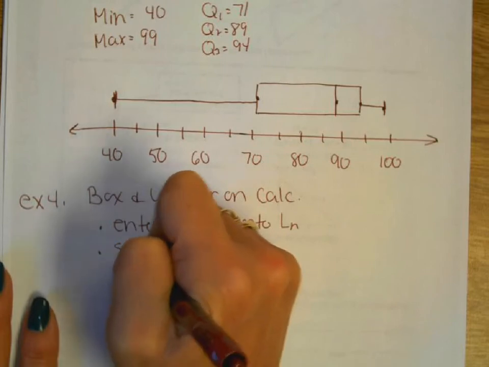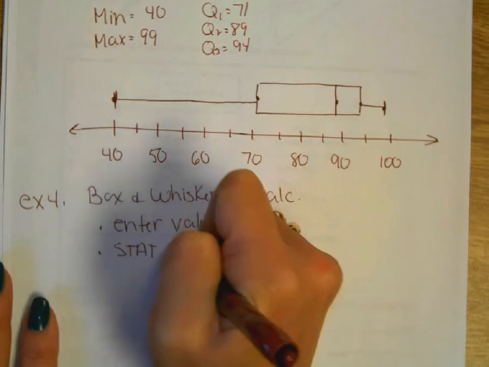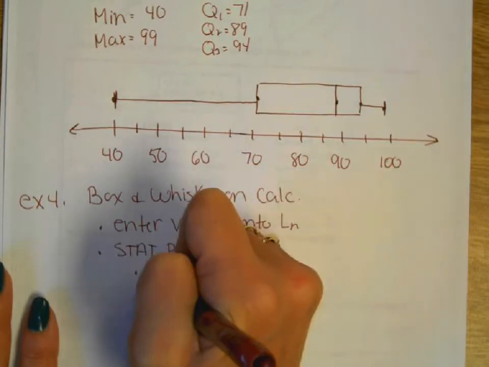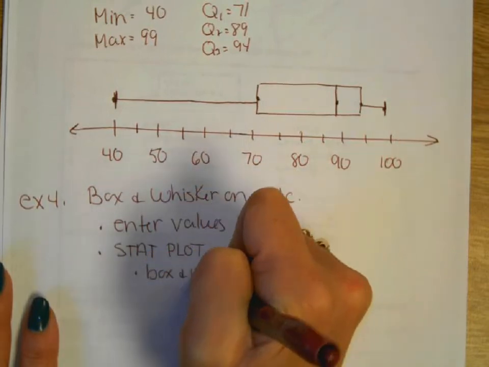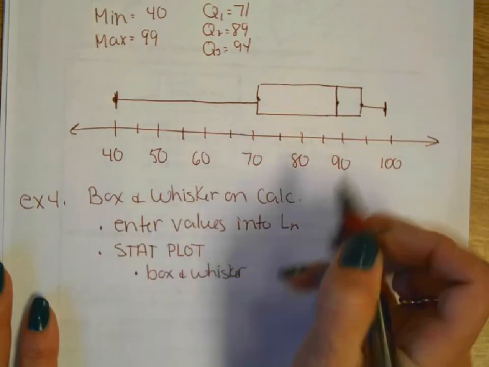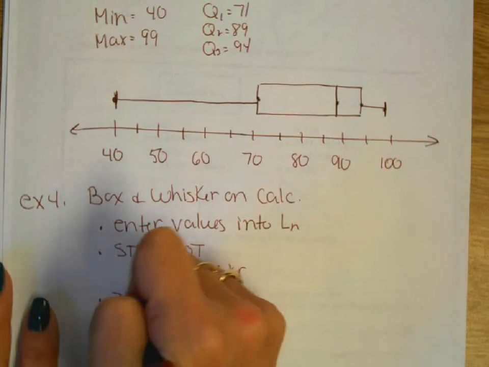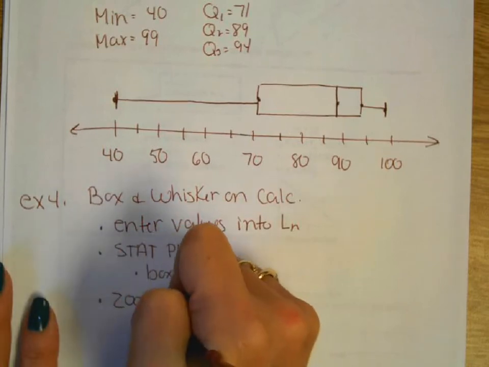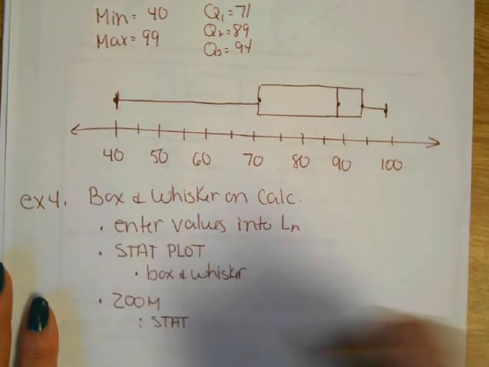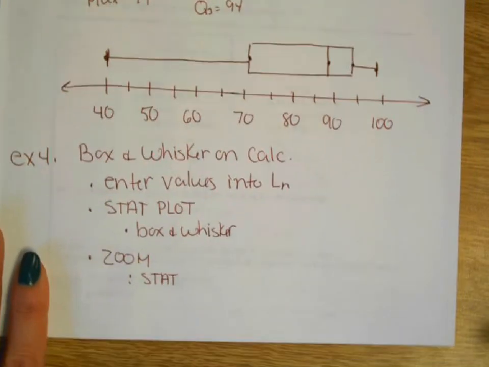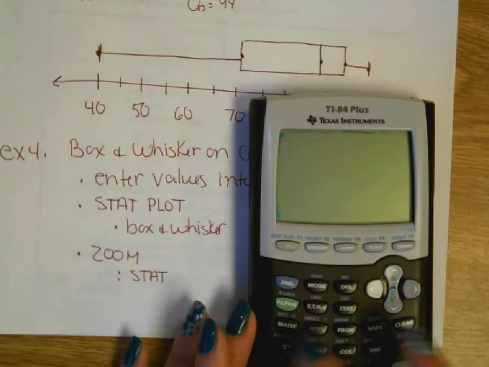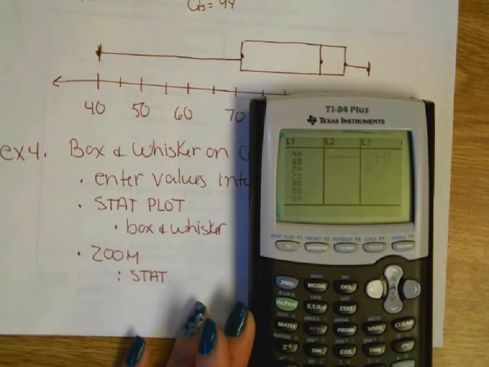You're going to go to stat plot. You're going to select box and whisker. And then you're going to go back out and have the window all set up by going under Zoom and selecting Stat. So, there you go. So this is the one where I have my values in the list.